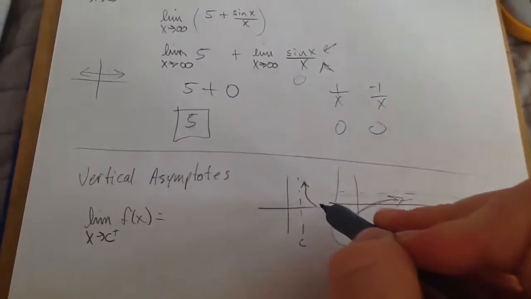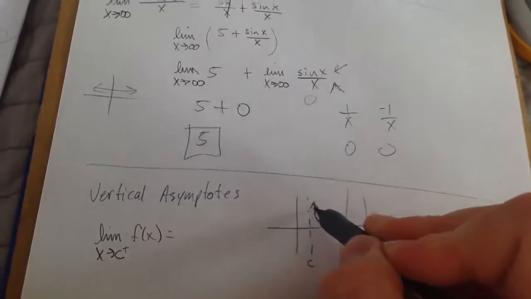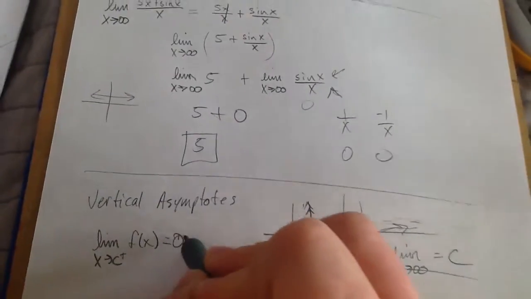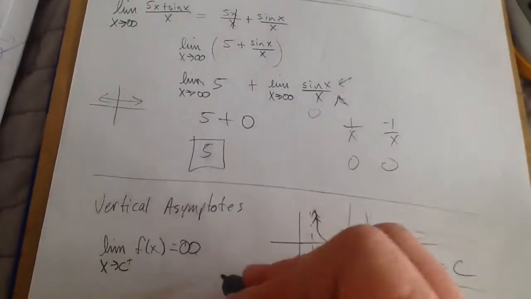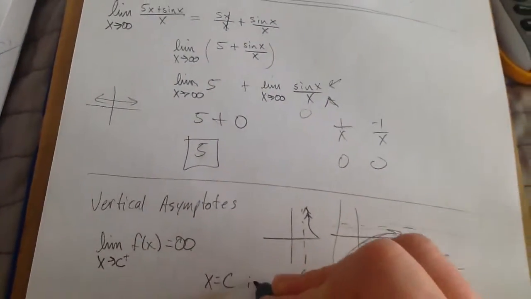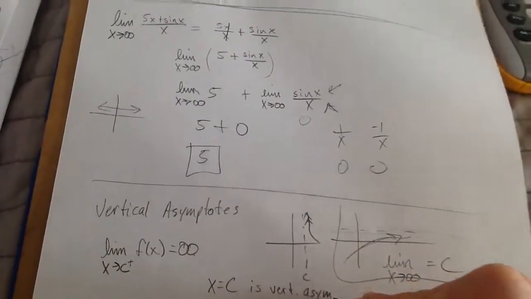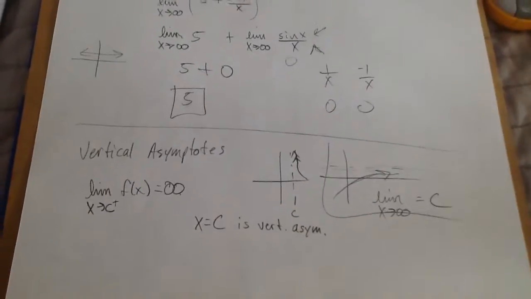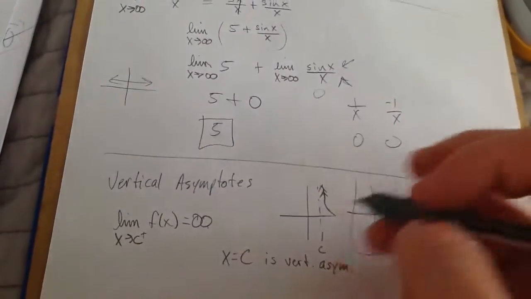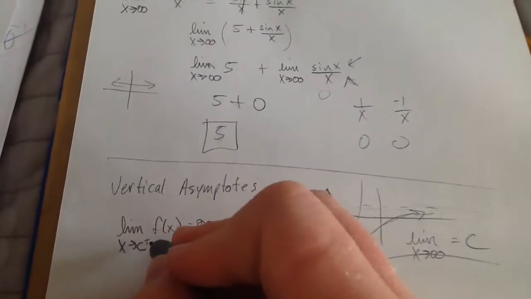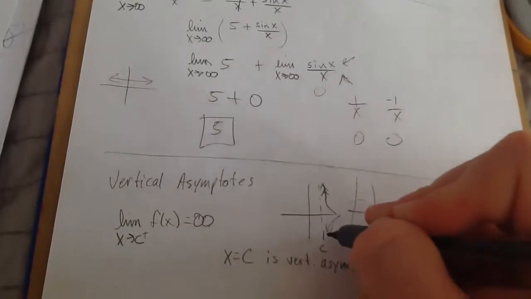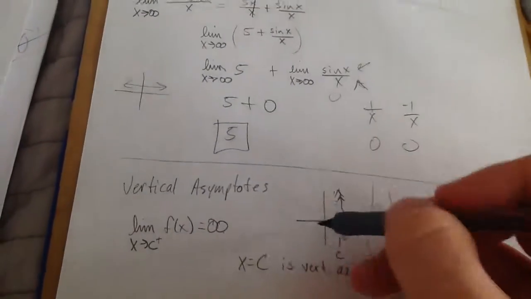If I'm taking the limit as x approaches c from the right, if my answer is infinity, then x equals c is a vertical asymptote. Or if you get negative infinity, that's a vertical asymptote. Or you could go from the left too. That could be a negative.